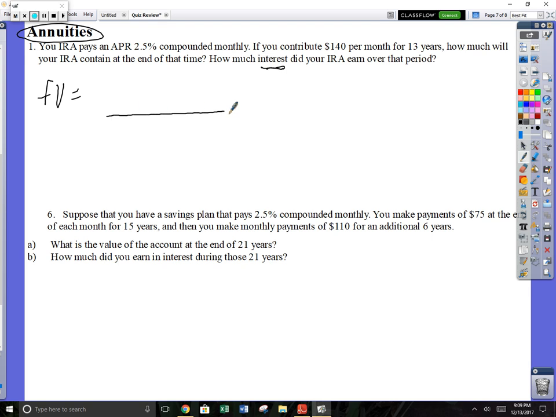is equal to, this formula is kind of intimidating. So it says future value. First we need capital R, and R is your regular payment. So I'm going to put a 140 there.